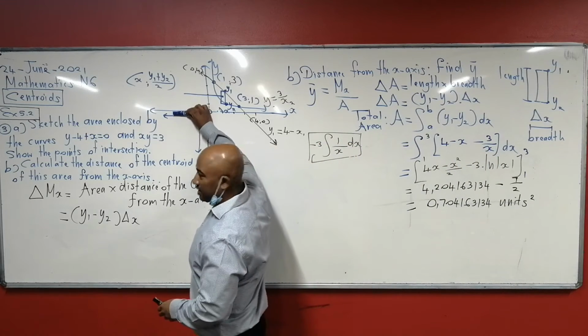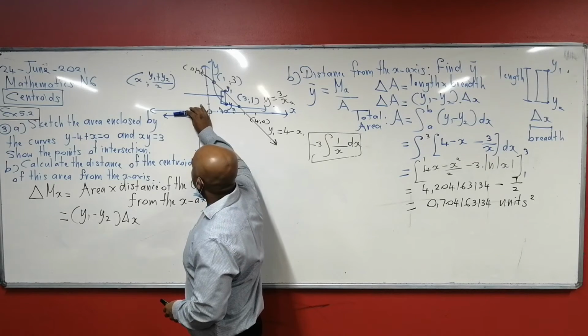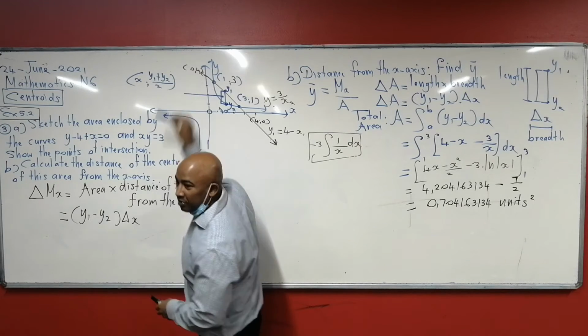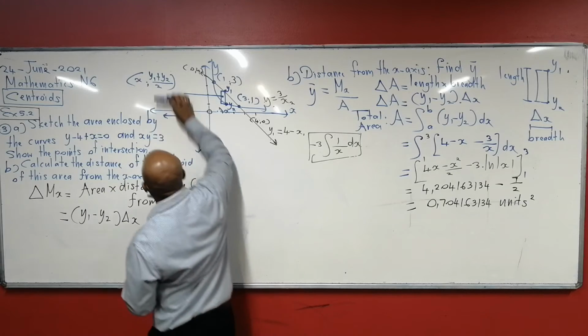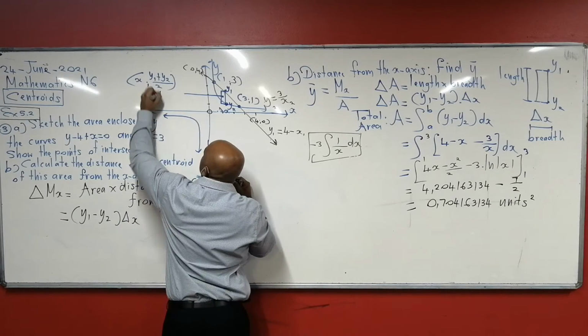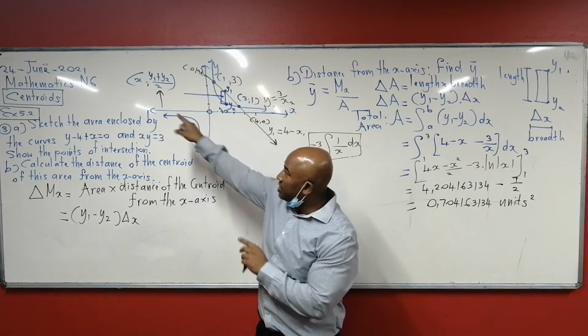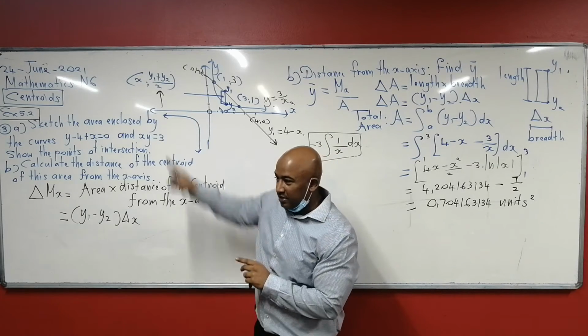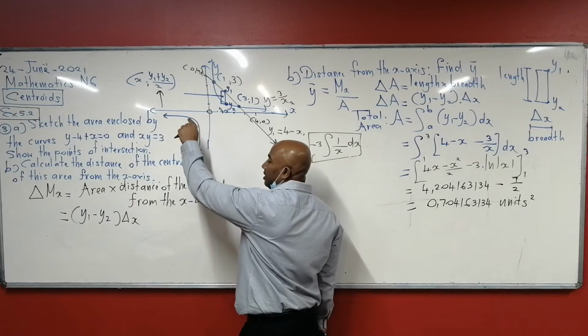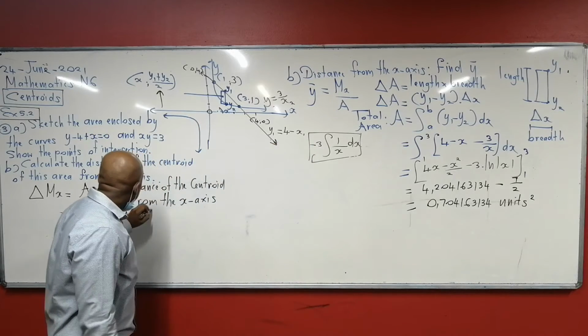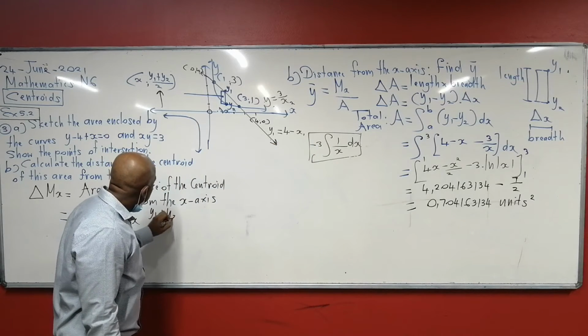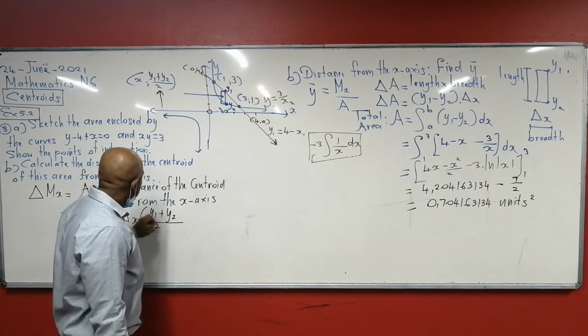So there's the x-axis. If you are measuring from the x-axis, you are going up or down. So if it's from the x-axis, we are measuring the y value. If it's from the y-axis, we are measuring the x value. Right, so remember that. From the x-axis will be y1 plus y2 all over 2.